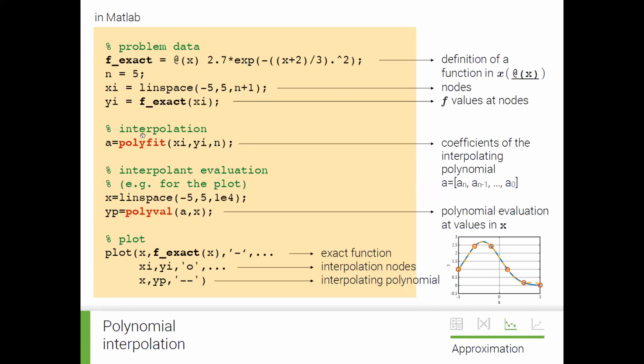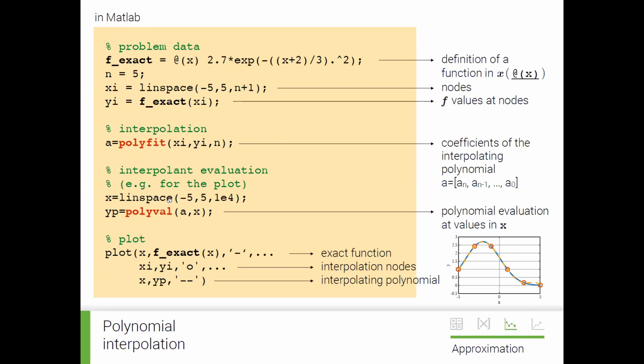Now, the next step, we will interpolate this function, finding a with the command polyfit. So it is from xi, yi, and n. We will find these coefficients of the interpolating polynomial, from a0 to an.